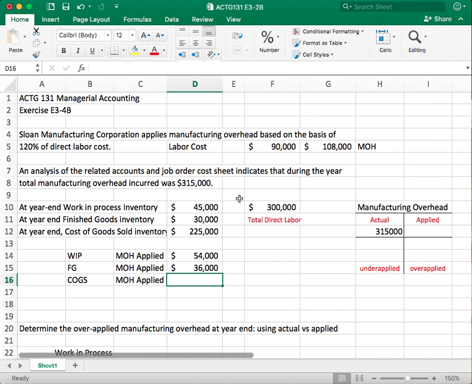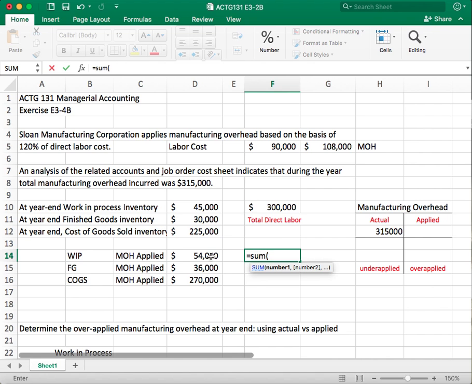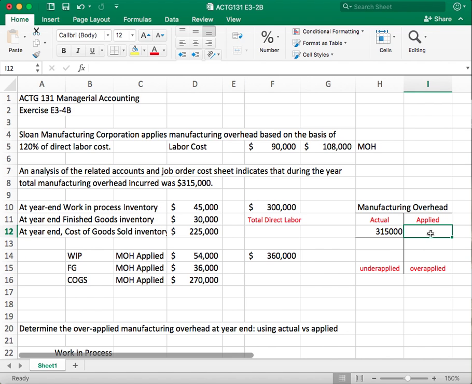For the cost of goods sold, again, we would take $225,000, multiply that by 120%, and we would come up with these figures: $54,000, $36,000, and $270,000. This totals $360,000. So $360,000 is what Sloan Manufacturing has applied, or guessed, for this particular period of time.